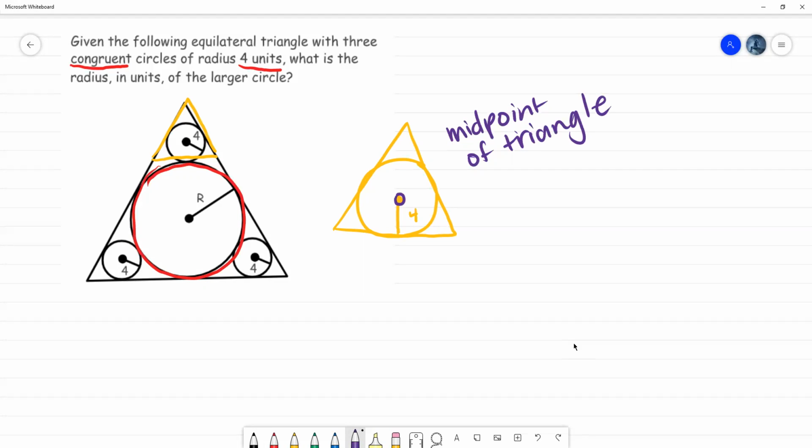And a rule about the midpoint of a triangle is this is x, this bottom portion right here, and the top portion is 2x, meaning the top is always double the bottom. And because we know that our value here is 4, we can just do 4 times 2, which gives us 8 for this top value.